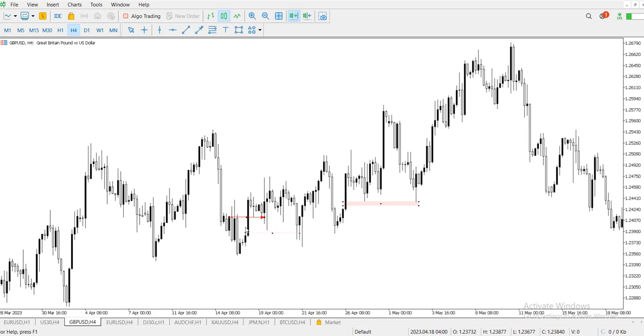Let me adjust this quickly. So there's an obvious imbalance there. You see, price came for it, and any point below, like we could see, although this as a whole is an order block, a smart money cube.